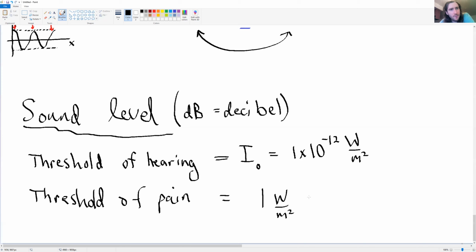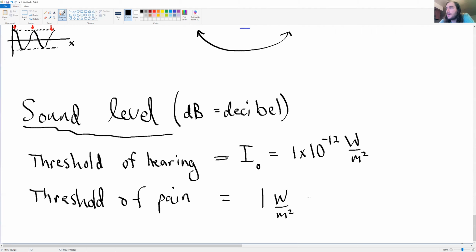It may look like a small number at first, but then you could calculate the amplitude of vibration and see that it is quite large compared to the size of the eardrum. In which case, it's like the sound waves themselves are pulling apart your ear. So that's why you would experience pain.